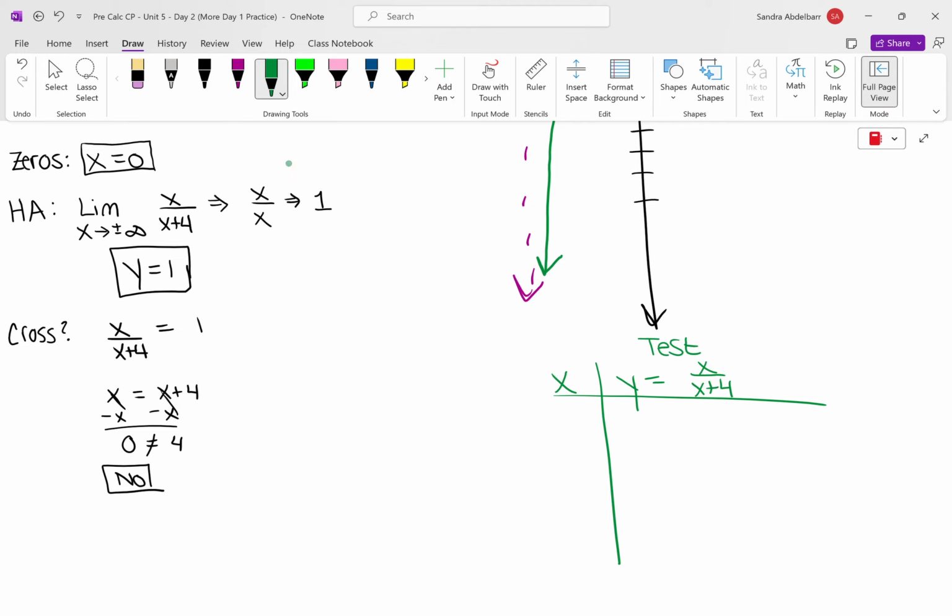We had a vertical asymptote at x equals -4, so I will just go with -5. So y will equal -5 over -5 plus 4. So this is going to be -5 over -1, which gives us a +5.